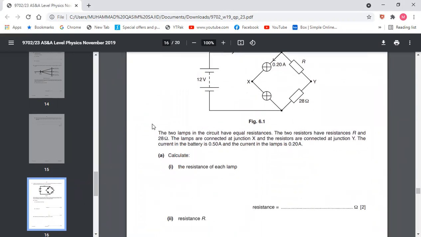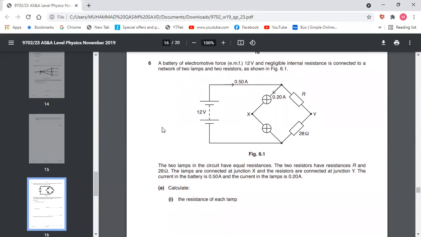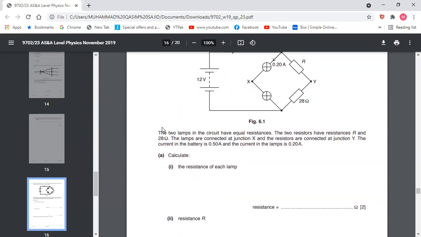The resistance is 28 ohm, and the lamps are connected with the junction J. The current in the battery is 0.50 ampere, and the current in the lamp is 0.20. Find the resistance of each lamp. Sir, both lamps have the same resistance, right? So how to find the resistance? V equals IR and R equals V upon I. Yes, you are correct.